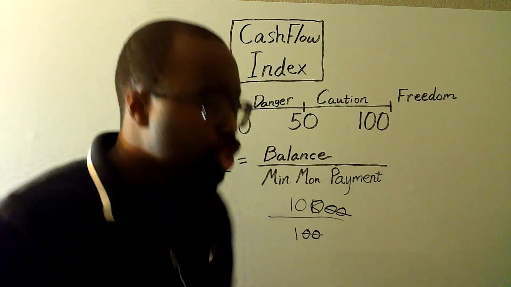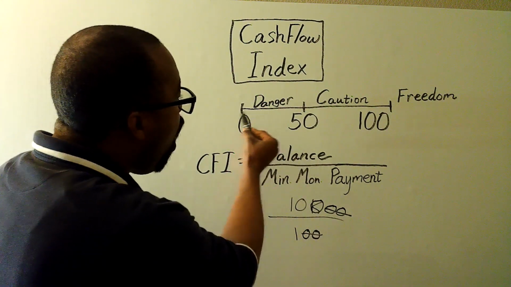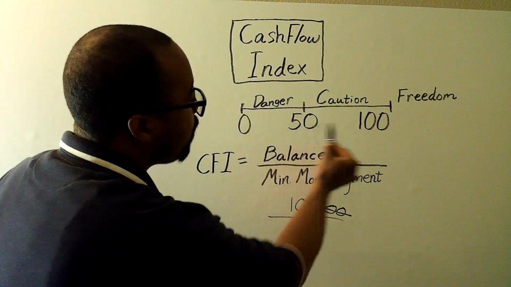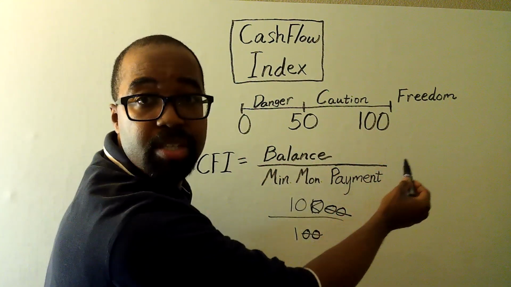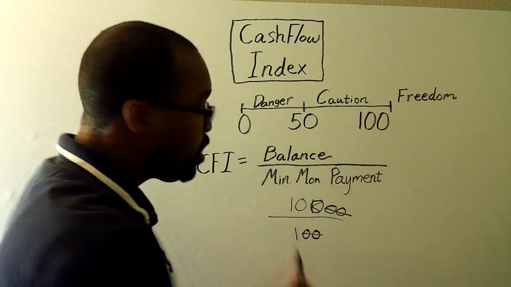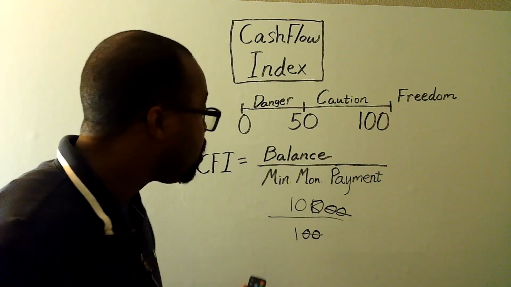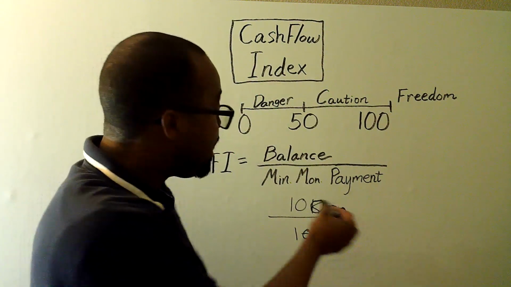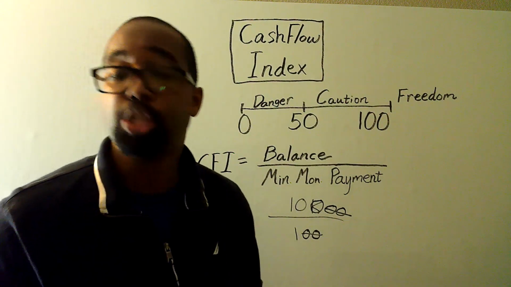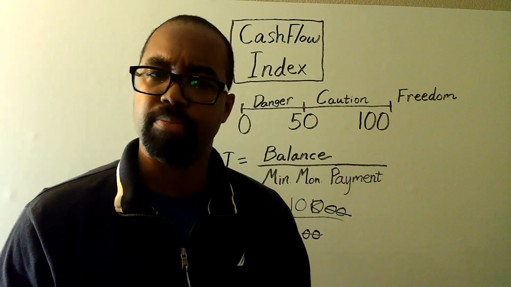So where does 100 fall on the cash flow index bar? It falls in the freedom zone, doesn't it? This tells us that we are good to go. It tells us that we don't really need to be concerned about this $10,000. No, not at all.